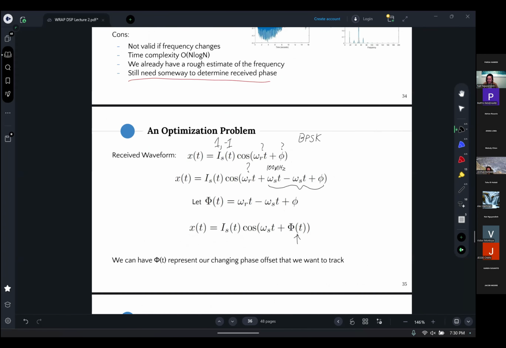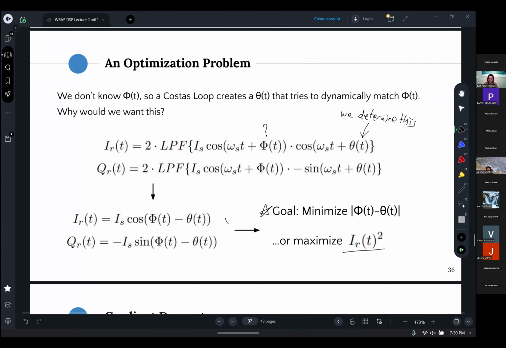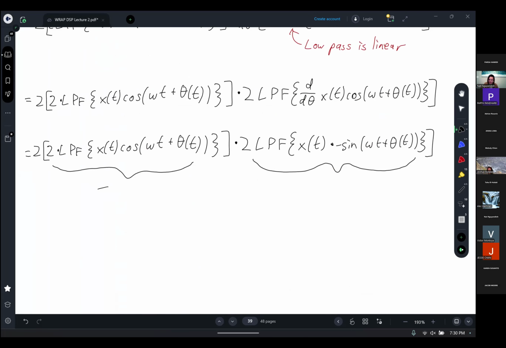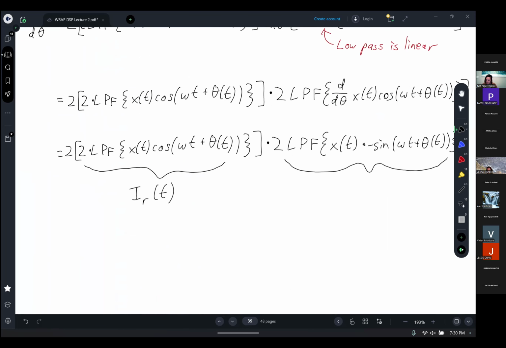This one is just going to be equal to the received I component and the received Q component, which we already have during this demodulation because that's what we're starting with, right? So this is just going to be the received I component, and this is just going to be the received Q component.